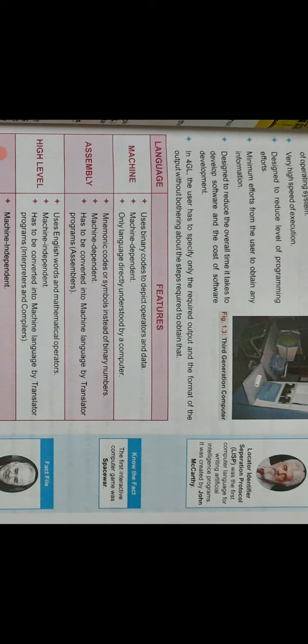Okay. Next one. Number 4, differentiate between an interpreter and a compiler. Write interpreter on the left hand side and compiler on the right hand side. We will give some points.